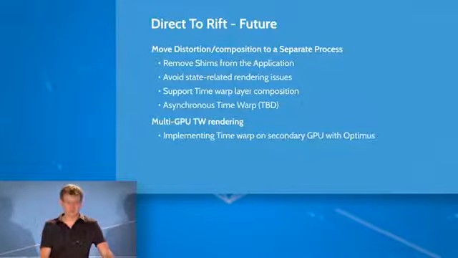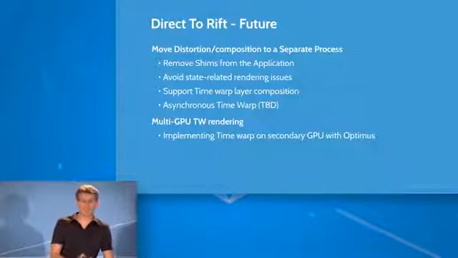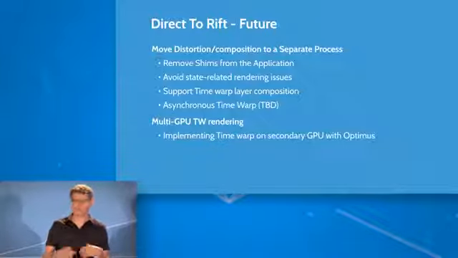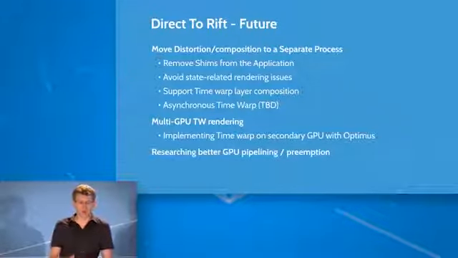With Optimus, for example, we may be able to do time warp and distortion on the Intel GPU while combining that with a discrete card. Those types of optimizations will get things to be better over the next few months. And we're always researching better GPU pipelining and preemption. That is, things which make it more efficient.